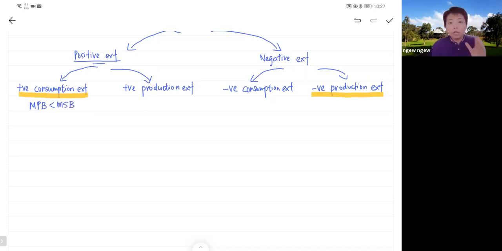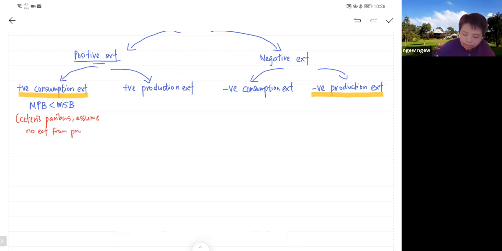And when we are trying to show the diagram, there are steps to follow, and to make illustration easy, we will always assume ceteris paribus. So if you are trying to show positive consumption externality, we assume no externality from the production side.